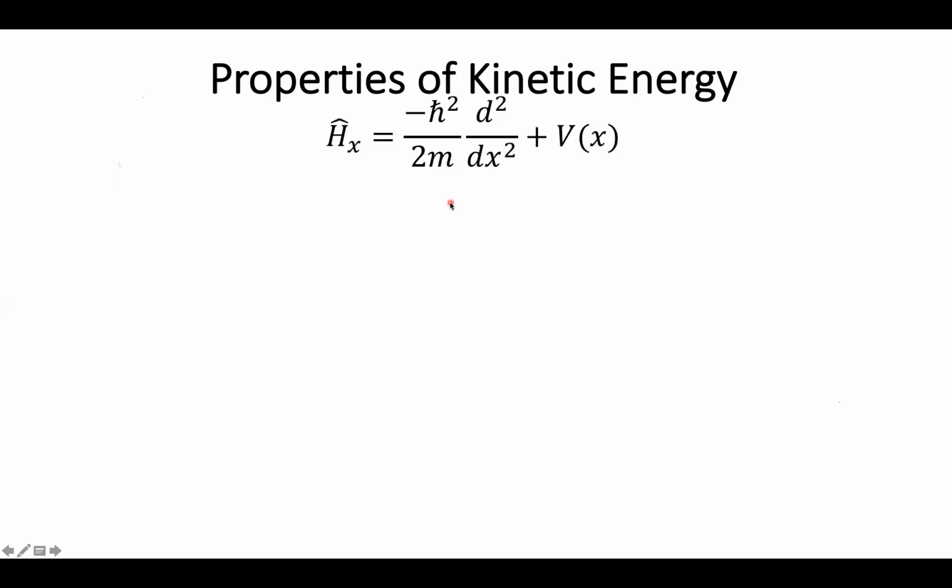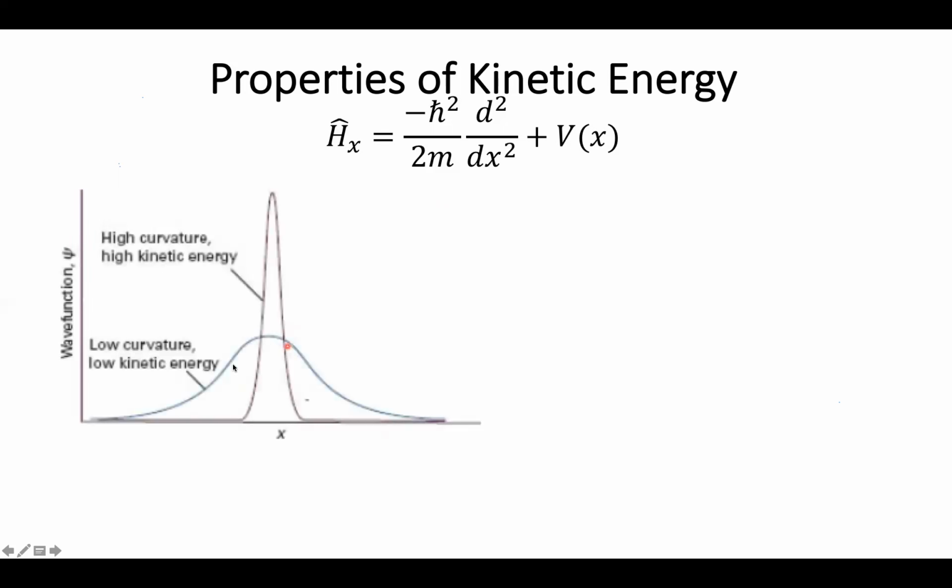Now, I want to use this as an opportunity to summarize some cool features of our new Hamiltonian structure. So first of all, one of the things that's worth noting is if I have a wave function with a low curvature, so this is something that's widely spread out, not located too much in any given location. Well, what is this going to mean for the second derivative?